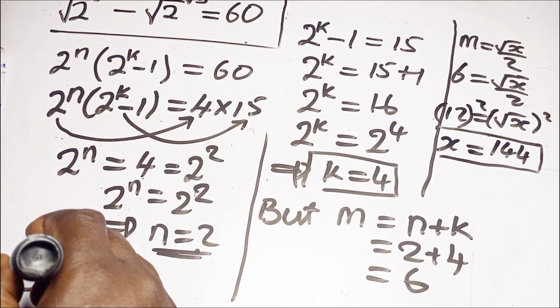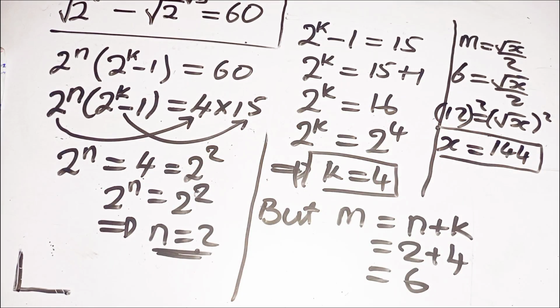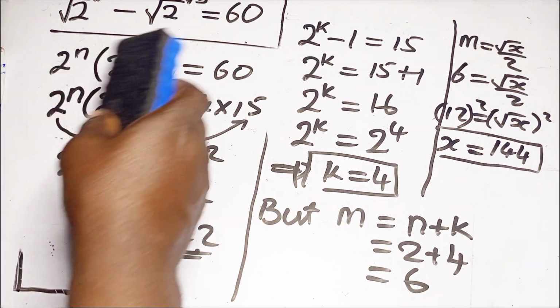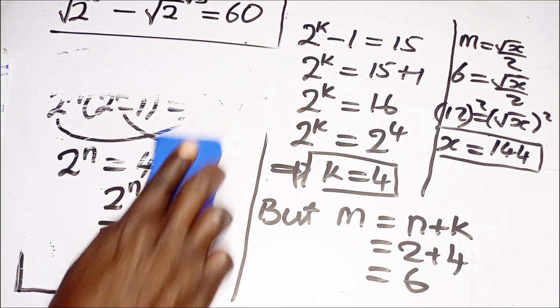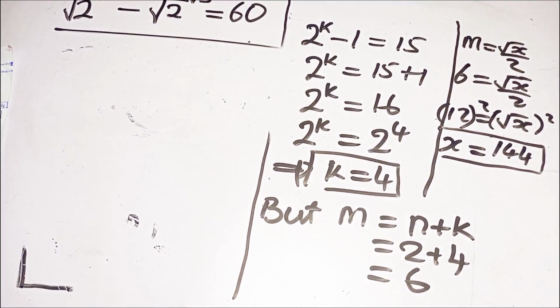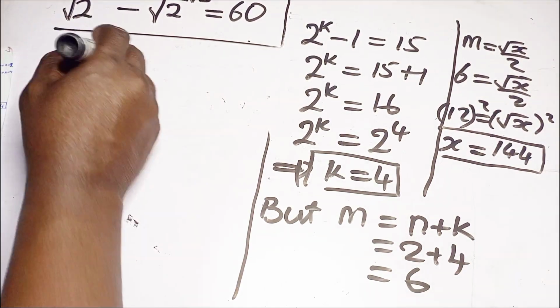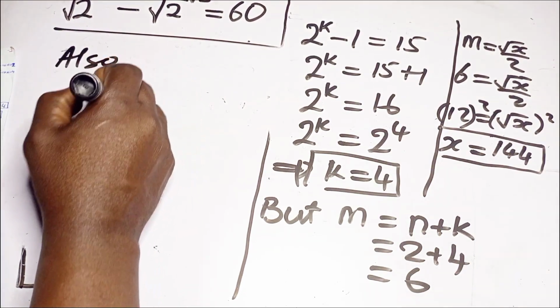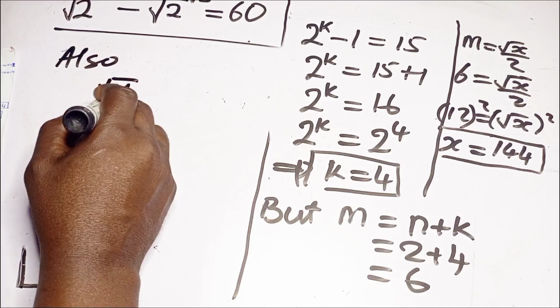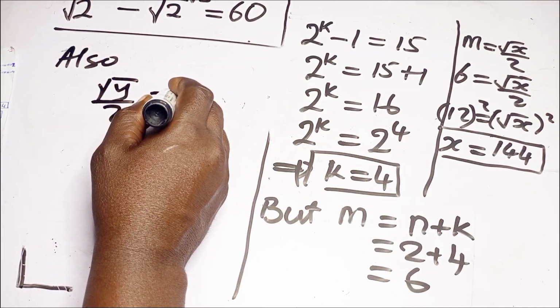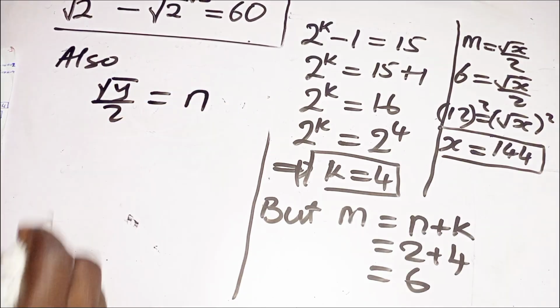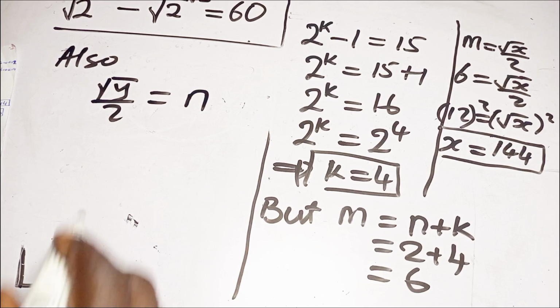Now what about the value of y? Also, we have root y all over 2 to be equal to n. But we found n to be 2.